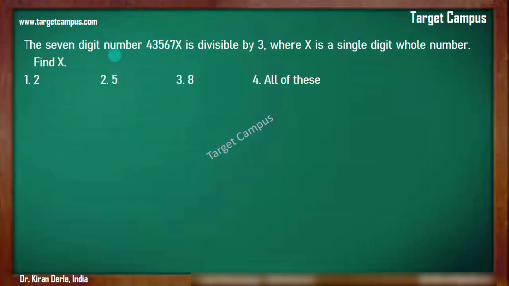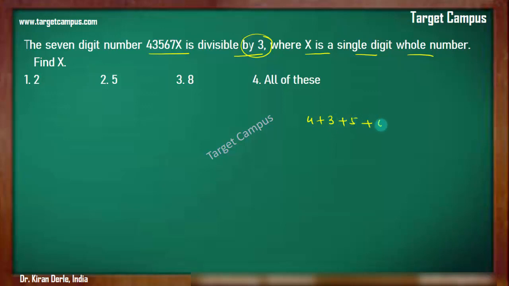Okay, the 7-digit number is divisible by 3, where x is a single digit whole number. Fine, that's fine for us. So this is a 7-digit number, but again, if it is divisible by 3, the sum of digits should also be divisible by 3, right?